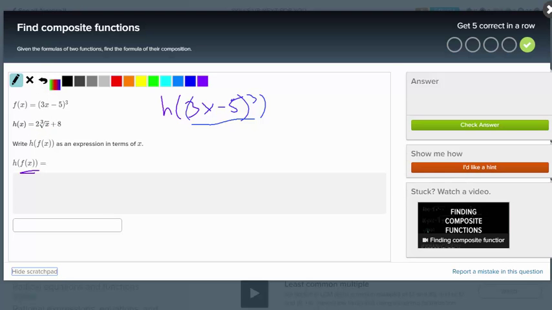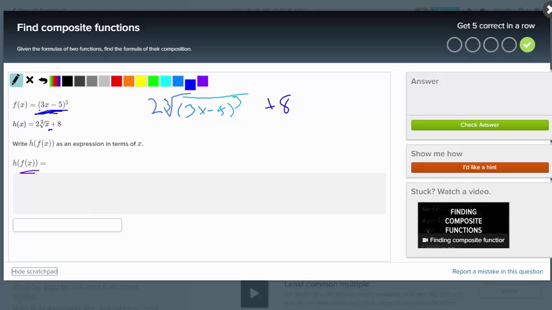Okay, so instead of 2 times the cube root of x plus 8, it's going to be 2 times the cube root of (3x minus 5) cubed, and then on the outside would be plus 8. So I just replaced this x here with (3x minus 5) cubed.